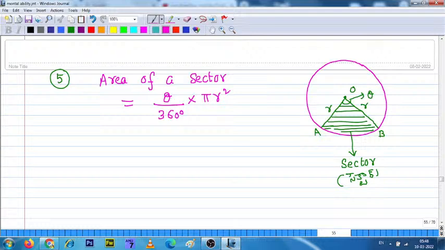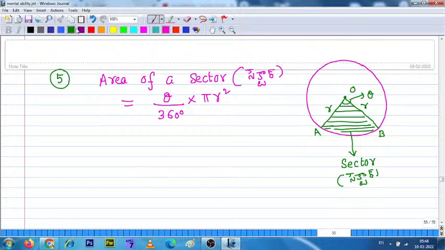So with the help of this formula we can find out the area of the sector. సెక్టార్ వైశాల్యం కనుక్కోవడానికి ఇది ఫార్ములా. So next let us move to another concept now.